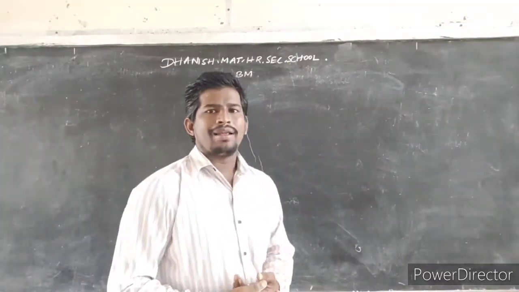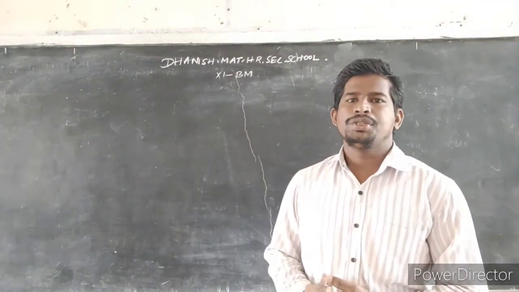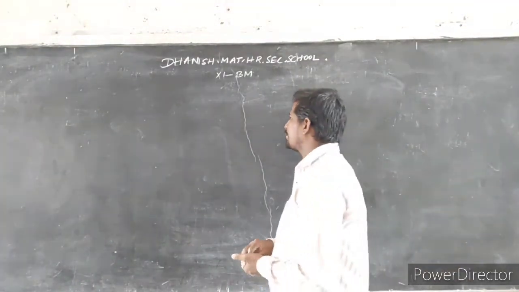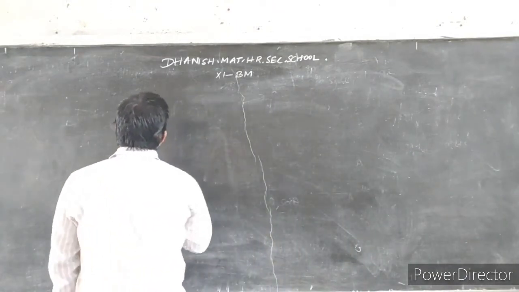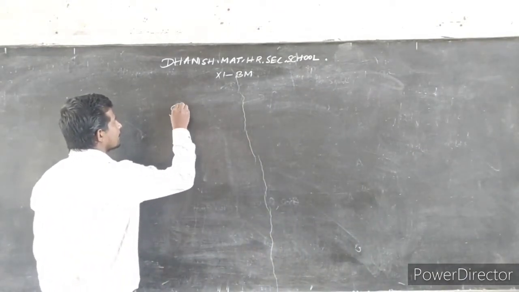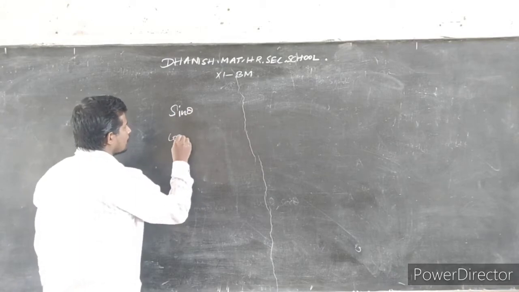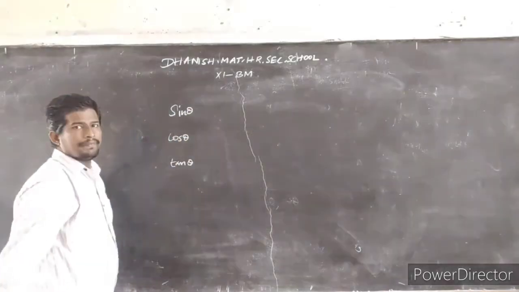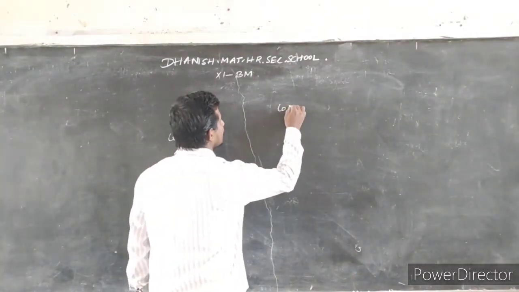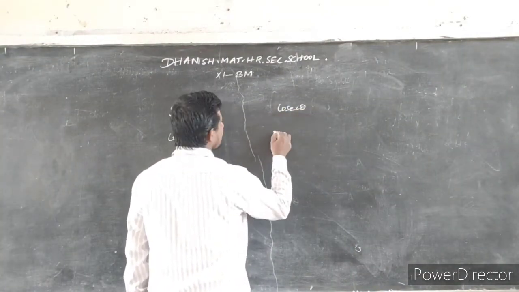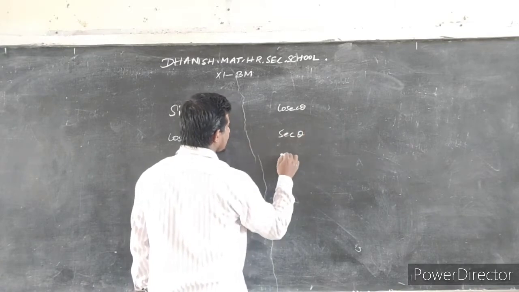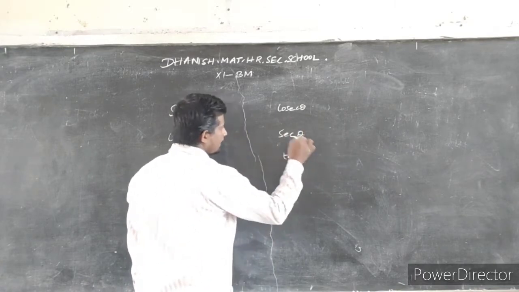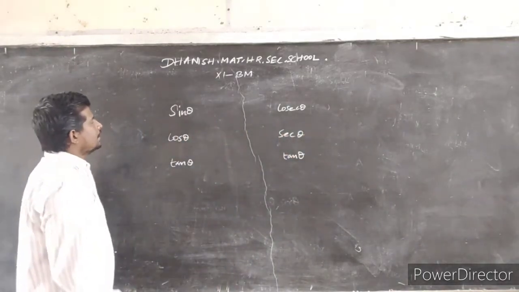As we all know, there are 6 ratios in trigonometry: sin theta, cos theta, tan theta, cosecant theta, secant theta, then cot theta.